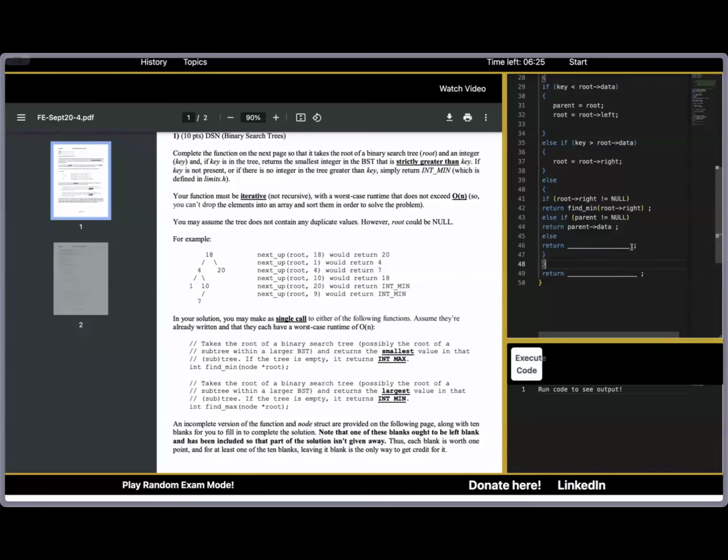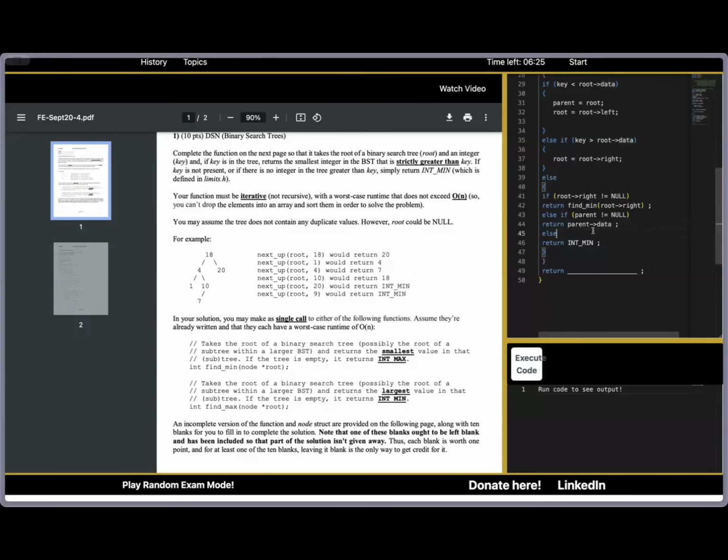Okay. We return the parent data. What's the else statement down here? Int min. Okay. Cool. Because none of them passed, then we got to return int min. And then what about this one? Cool.